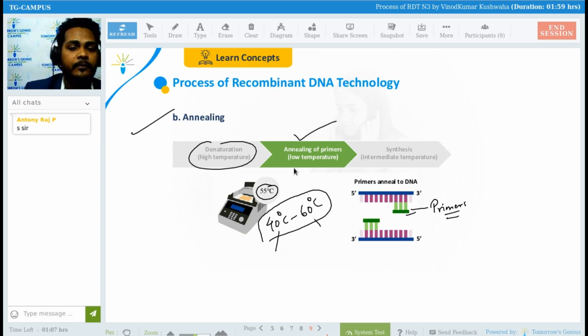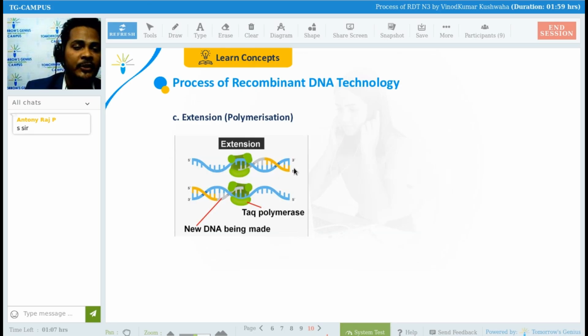And after annealing the primers to the DNA, the next step is called extension. Now, what is the extension? The extension means polymerization. So this is the final step, which is called extension. Now here, Taq DNA polymerase synthesizes the DNA region between the primers, and it uses dNTPs and magnesium.